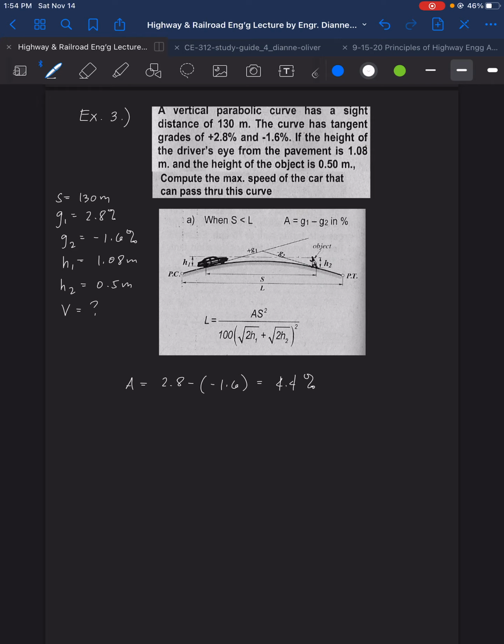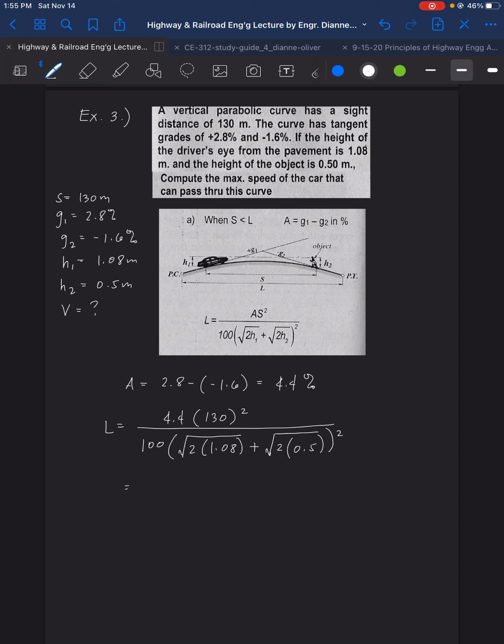Okay, so assume S is less than L. So let's have the value of L. A is 4.4% times the S of 130 squared over 100 times the square root of 2 times 1.08 plus square root of 2 times 0.5, that is squared.